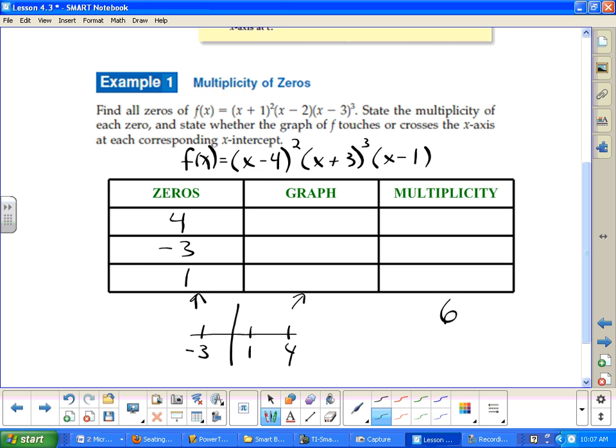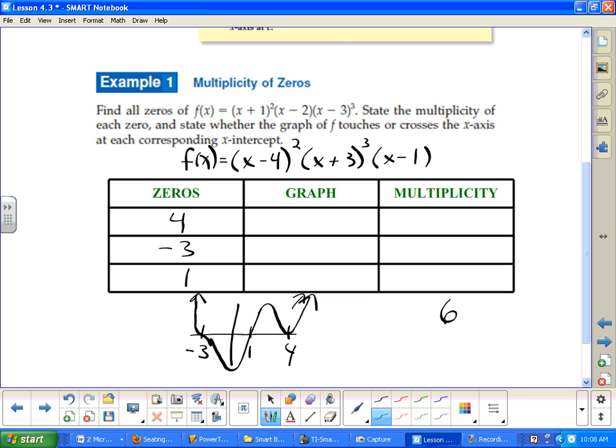So here's what this graph is going to do. At negative 3, it's cubed, so the graph is going to come down here and bend there, because its degree is odd, so it goes through. At 1, it's just going to go through, so the graph comes down, then goes through at 1. And then at 4, its degree is 2, so that means it's going to come down here and touch the x-axis and then go back up.